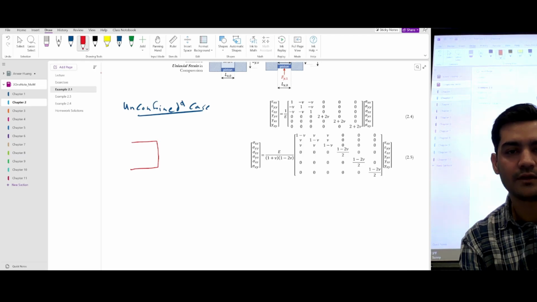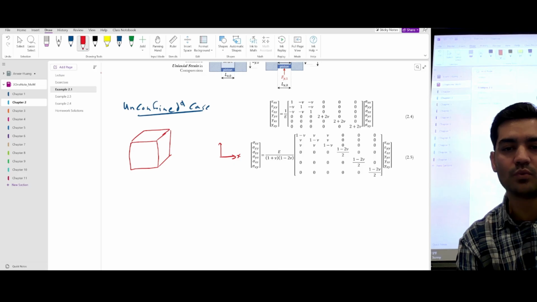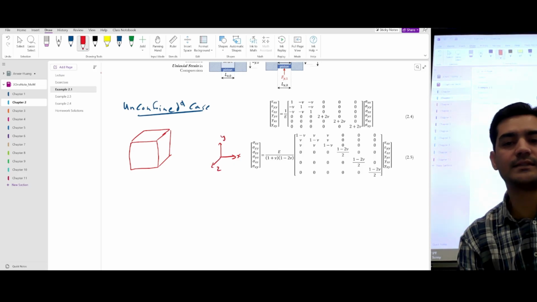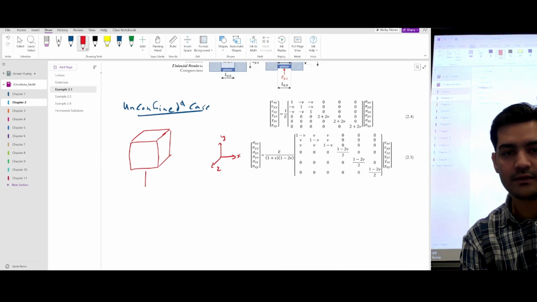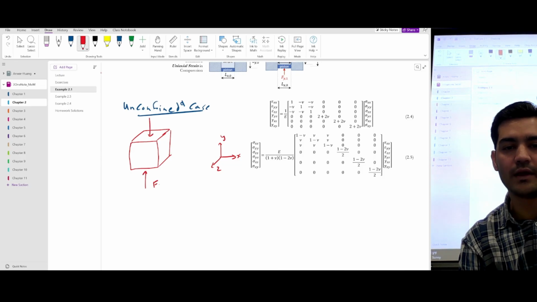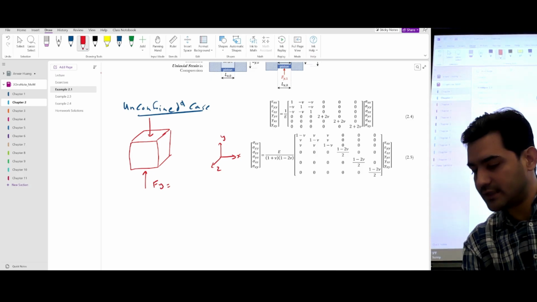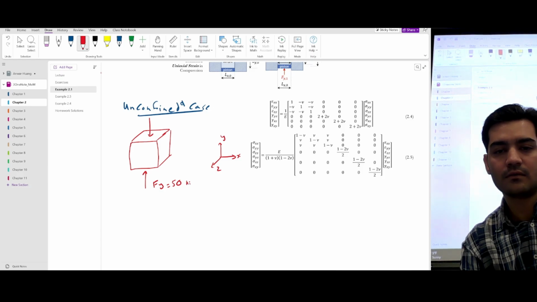So we have a cube, and this is x-axis, this is y-axis, this is z-axis, and they've already told us the force F_y, which is equal to 50 kips.